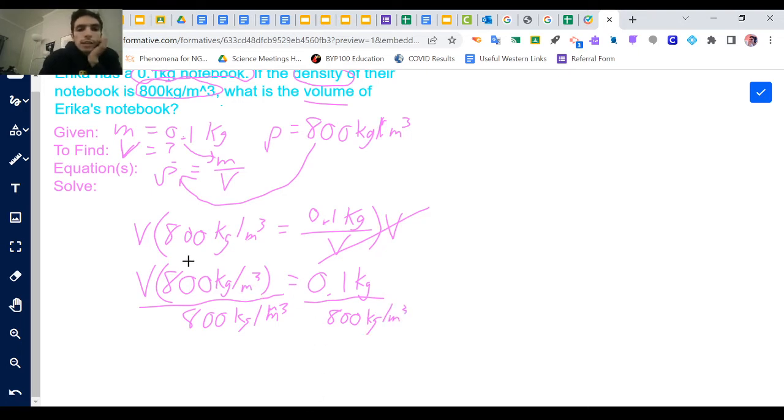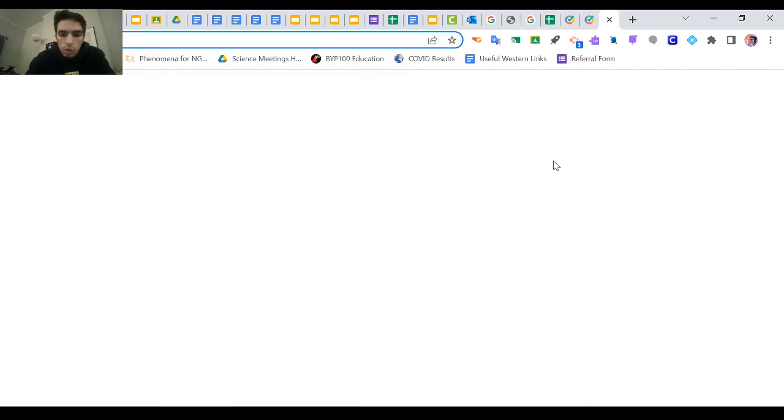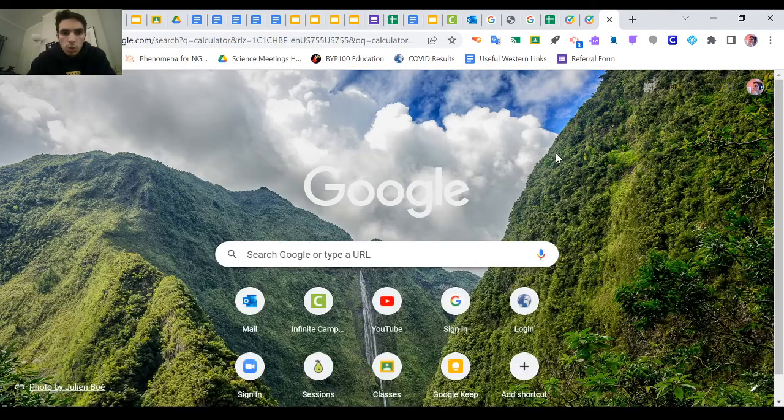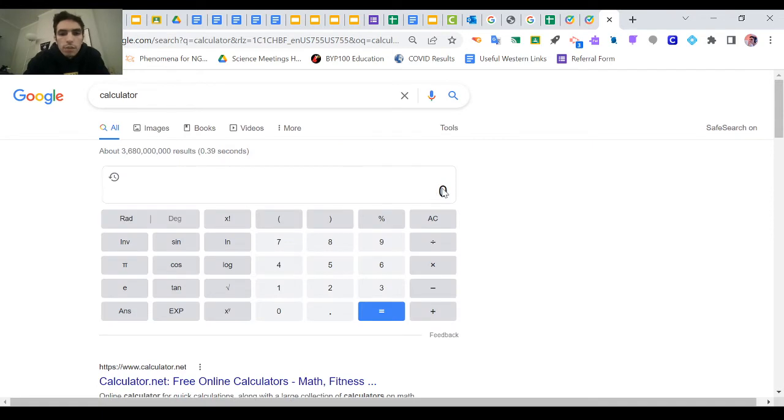And so we can see that will cancel this out, so we'll just end up with V equals. And then on the right side, we've got to actually do this division, so 0.1 divided by 800. So I'll bring up just Google's calculator, and you can always use this if you have your computer but don't have a calculator nearby.